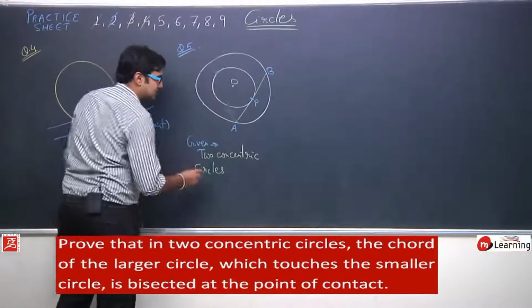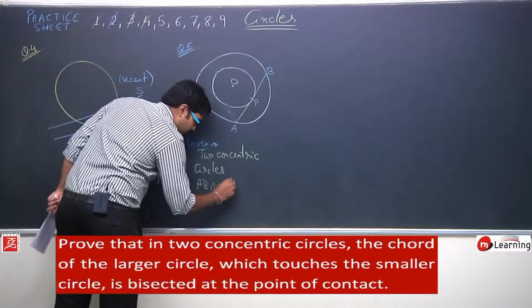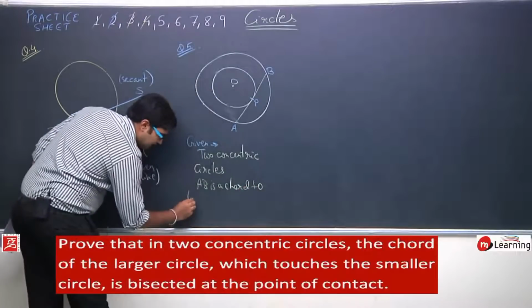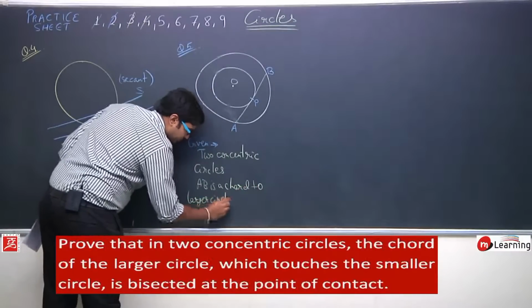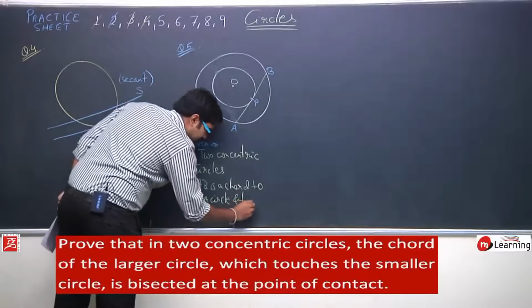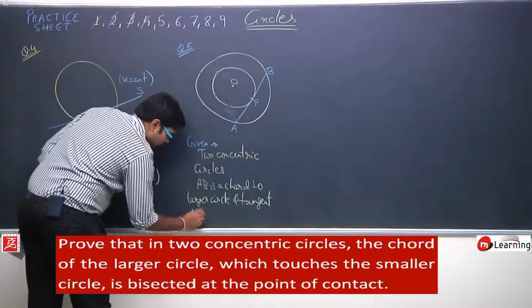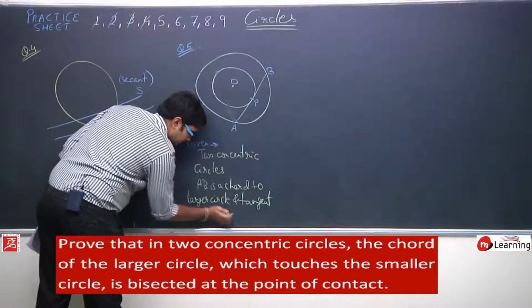The second given condition is AB is a chord to the larger circle and tangent to the inner or smaller circle.